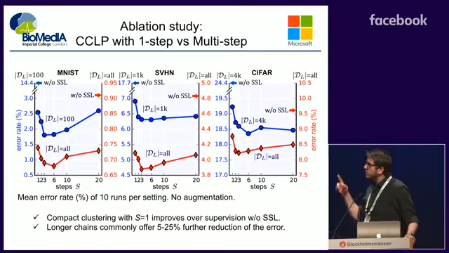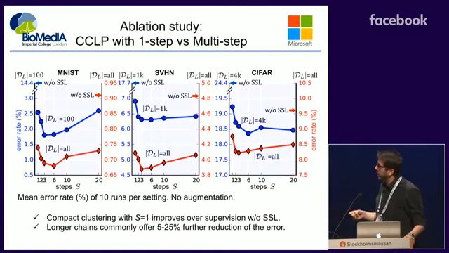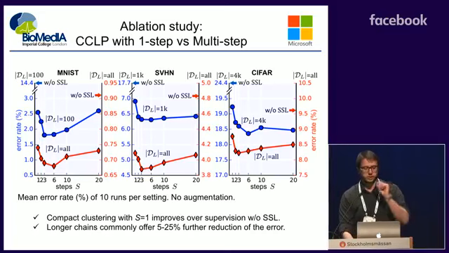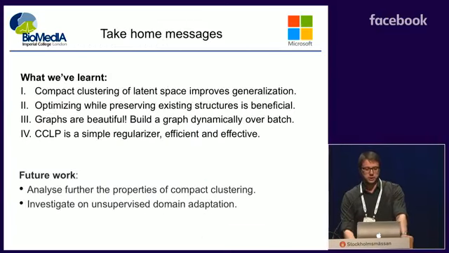And then we also see that optimizing along longer chains reduces the error further, as long as you don't overdo it and create too long chains.